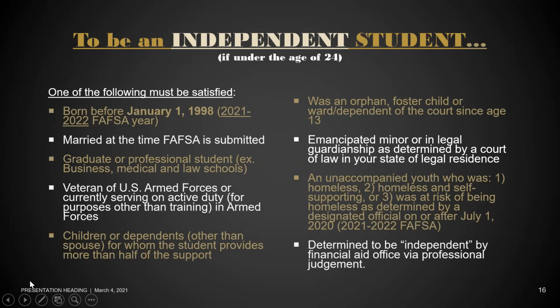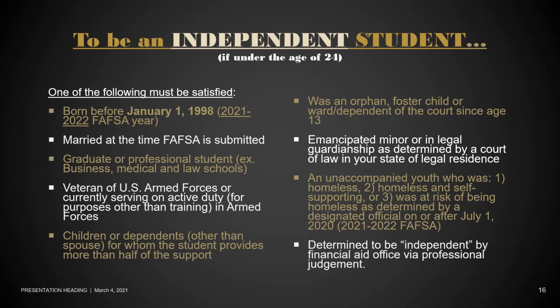If they're born before January 1st, 1998, meaning they're 24, if they're married at the time that they submit the FAFSA, if the student is in the armed forces, or if the student has their own dependents or children that they provide more than 50% of the support for, then they could be considered independent.